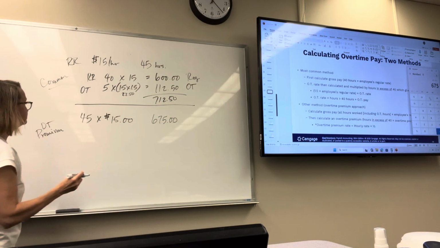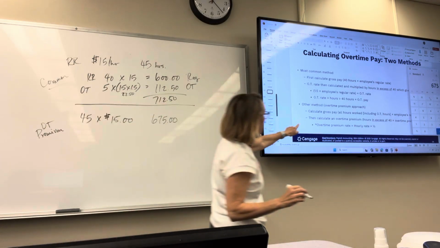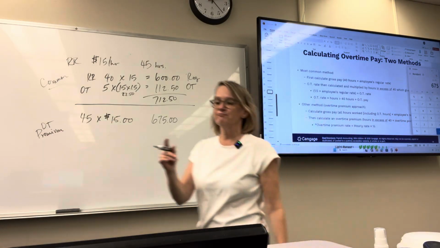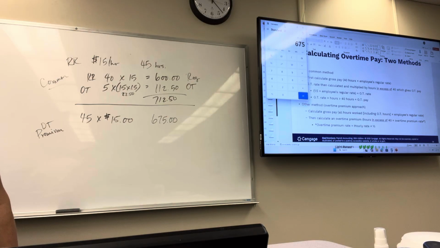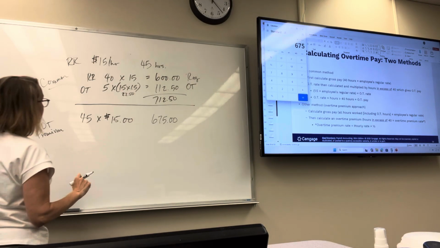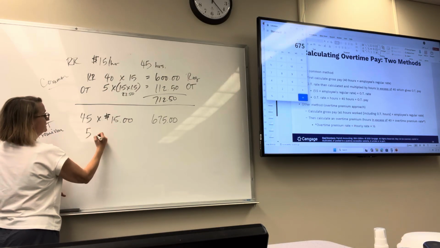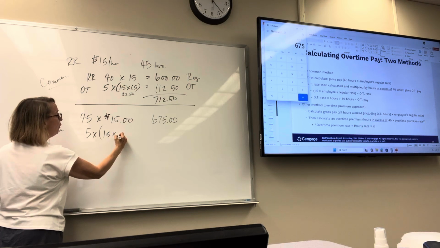And then our overtime premium, we're going to take the overtime hours in excess of 40 times our overtime premium rate. So our overtime, we can do this, so 5 times 15 times 0.5.